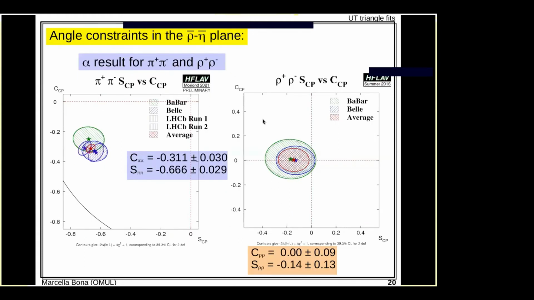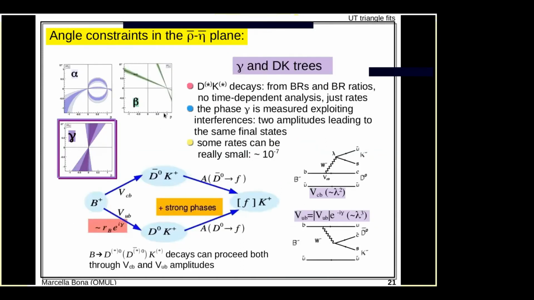I'll mention how we include alpha in the fit in a minute. I'll go a step to the last angle first, and then I'll give you the inputs that we use for both alpha and gamma. So gamma is the last angle. Gamma doesn't come from CP violation in mixing and decay, but is the CP violation in the direct one.